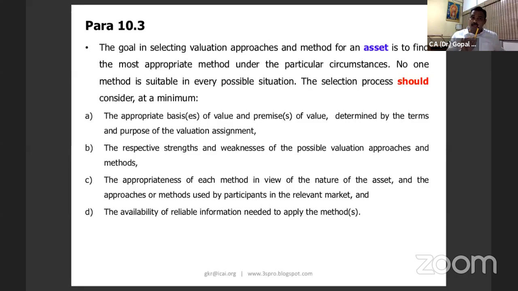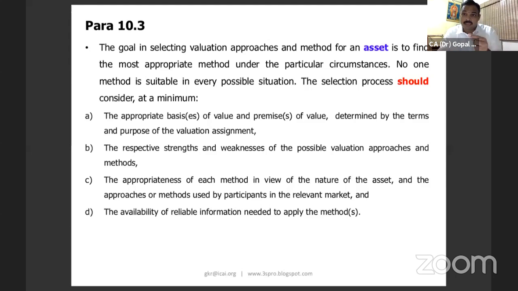So now the goal in selecting valuation approaches and methods for an asset is the most appropriate method under the particular circumstance. And the selection process should consider at the minimum. Please look at this. All these you have already done. The appropriate basis means single. Bases is plural. Basis is singular. And premise. The selection process should consider at the minimum.